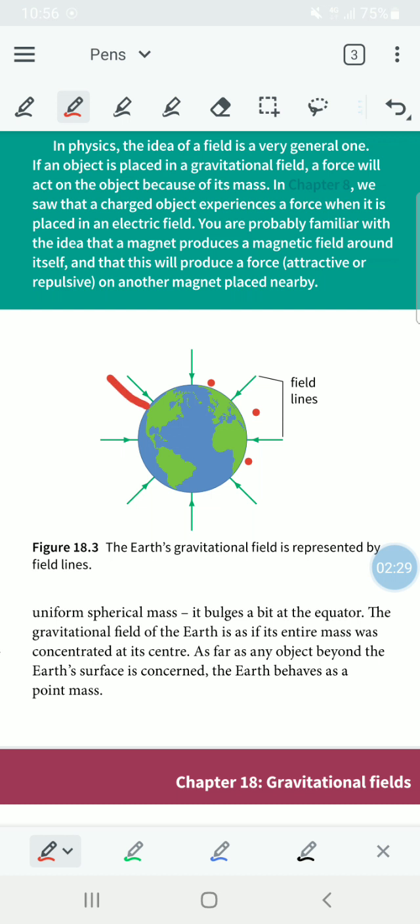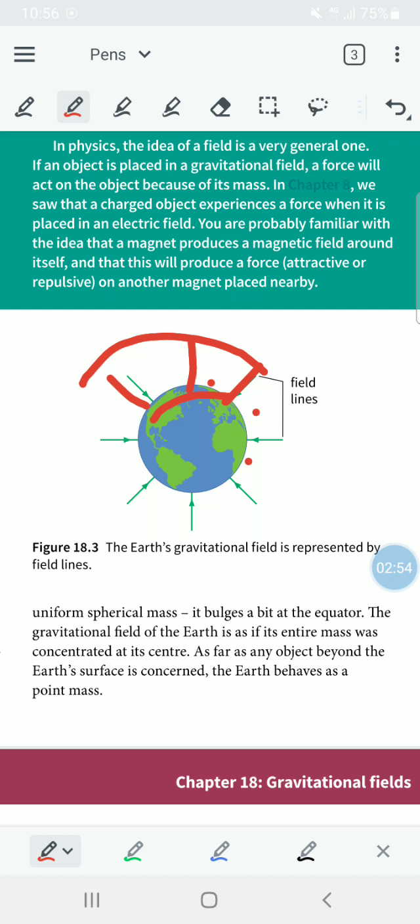But the further you go, they become much more spread out. As a result, you can understand that the further away you go from an object, the gravitational field strength is going to decrease. That is something that you must understand.